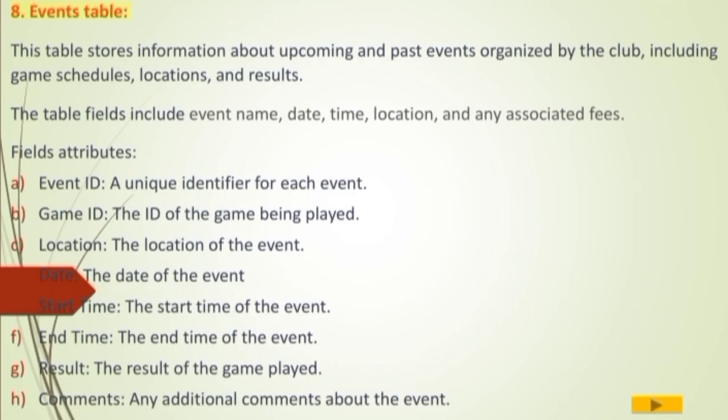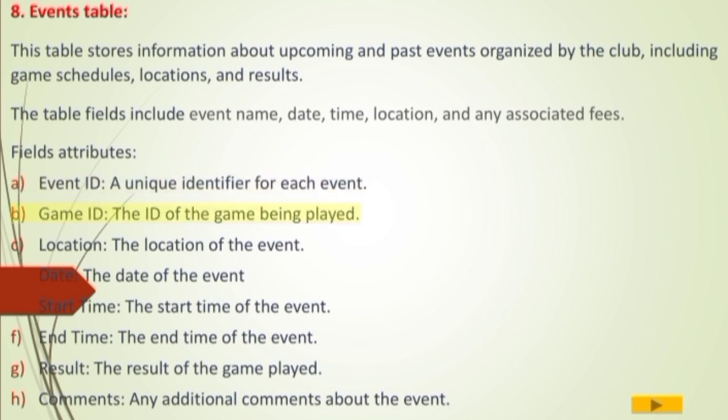8. Events table. This table stores information about upcoming and past events organized by the club, including game schedules, locations, and results. The table fields include event name, date, time, location, and any associated fees. Field attributes. Event ID, a unique identifier for each event.